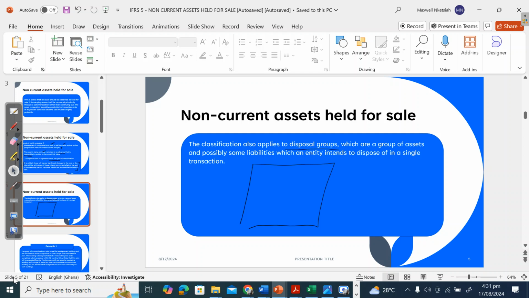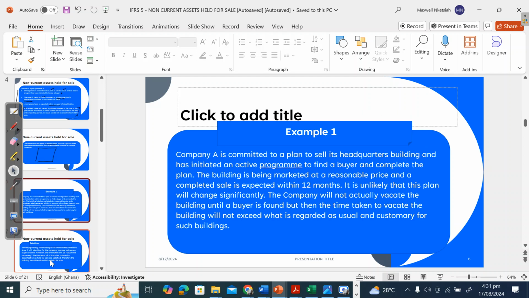So let's look at an example, and this example is to test our understanding on whether an asset can be recognized as held for sale or not. Let me read. Company A is committed to a plan to sell its headquarters building.